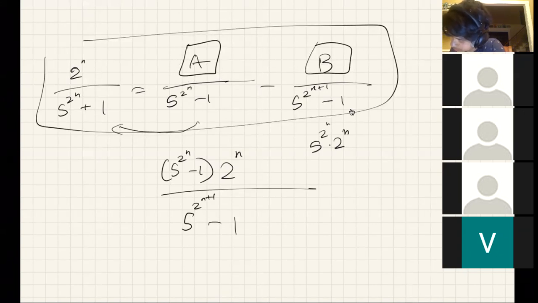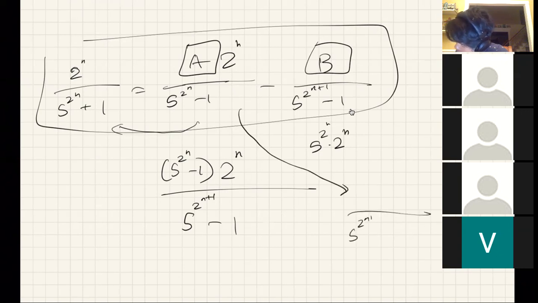This comes from this term. So using some wishful thinking, we're going to put 2n over here, okay? So this becomes something like this.